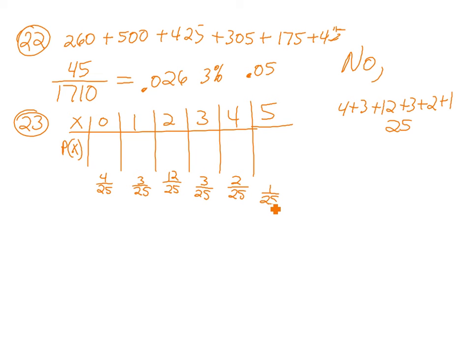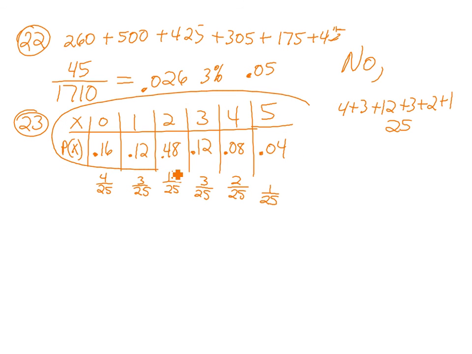We're going to change each one of those into a decimal. This one's 0.16, this one's 0.12, this one is 0.48, this one is 0.12, this one is 0.08, and this one is 0.04. So that's your probability distribution.